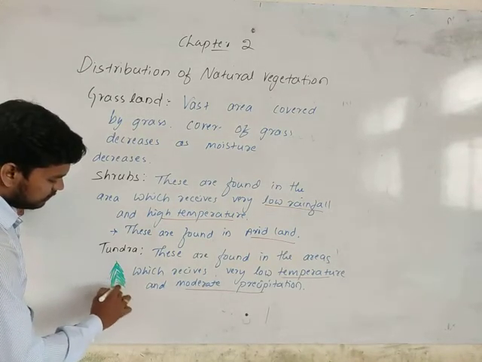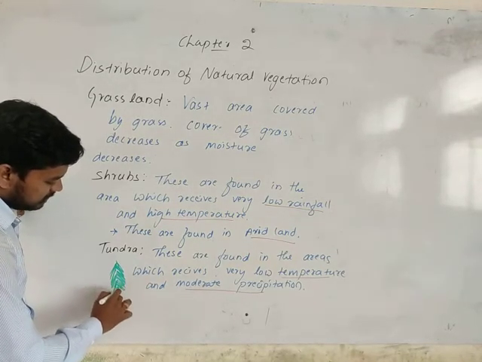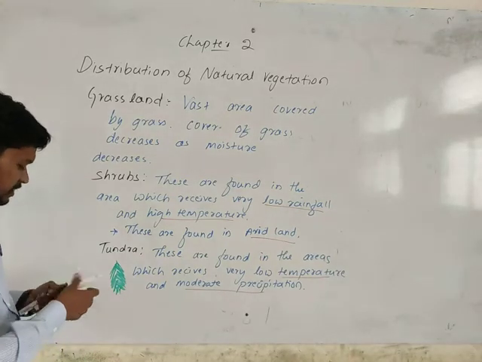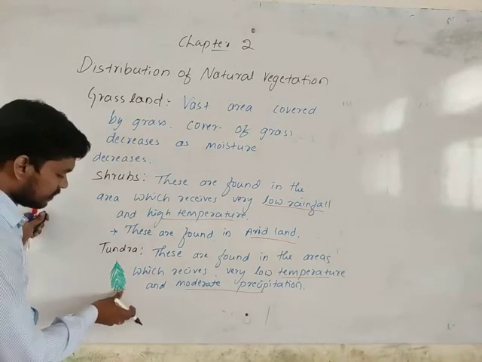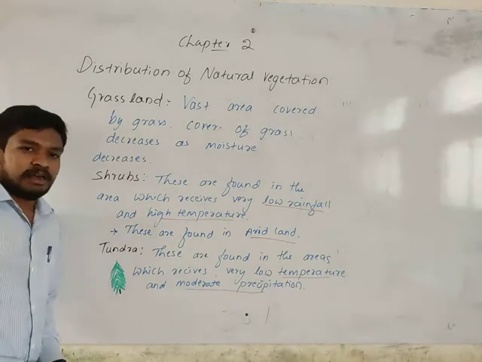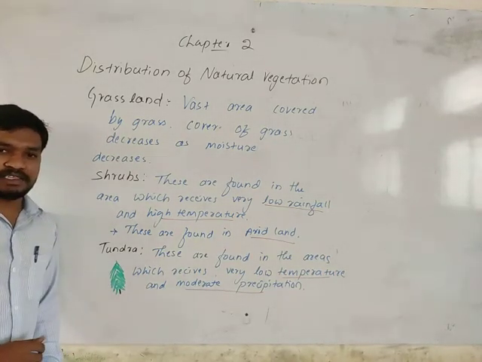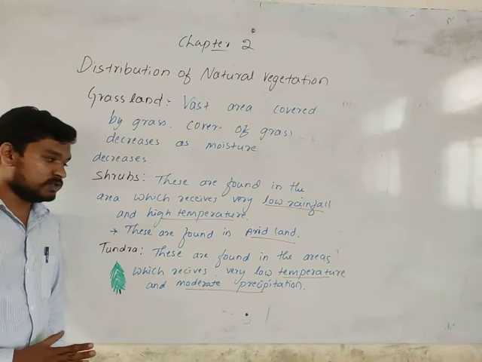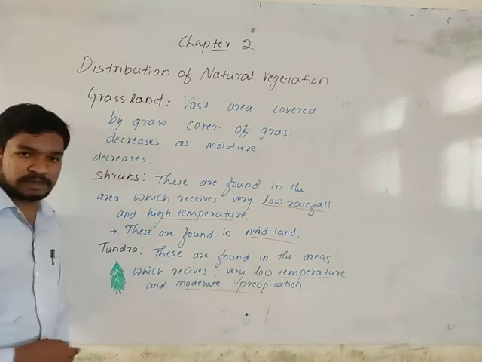The Christmas tree, this one. We say it is a Christmas tree. Actually, it's a coniferous tree. This coniferous tree is found at the peak of the Himalayan mountain ranges and in areas which receive very low temperature and high precipitation.